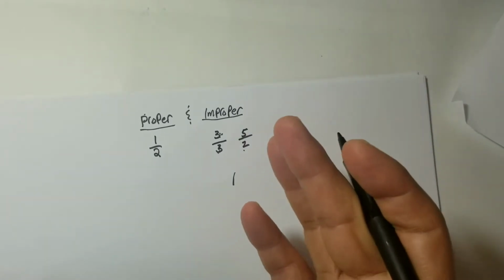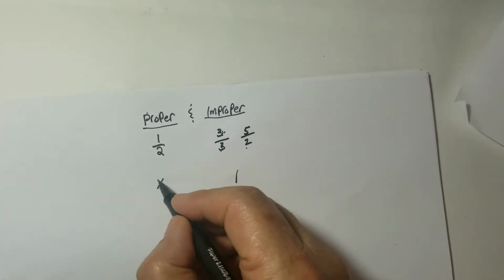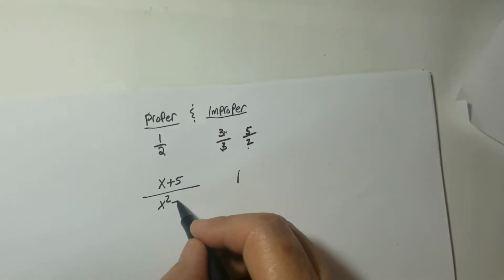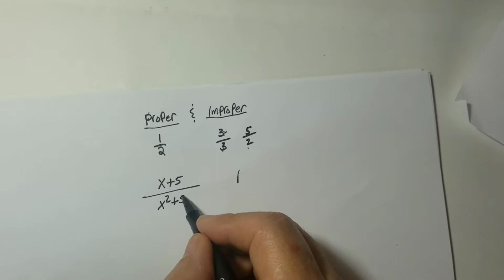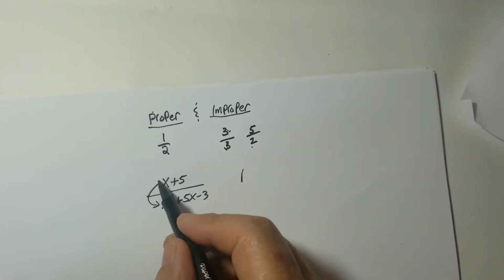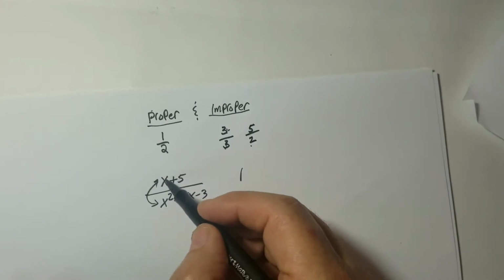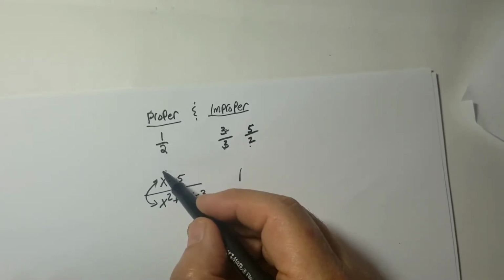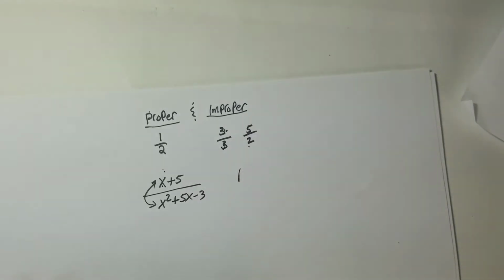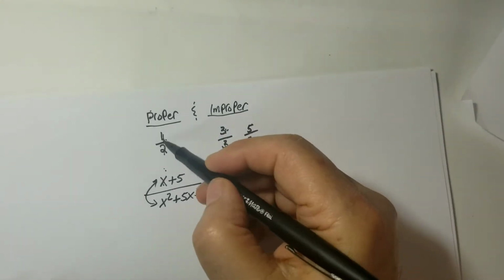Then you came to algebra and talked about polynomials. If you have a polynomial on the top and a polynomial on the bottom, and you compare them, and the power of the leading variable on top is less than the power of the leading variable on the bottom, that's proper, just like those numbers.